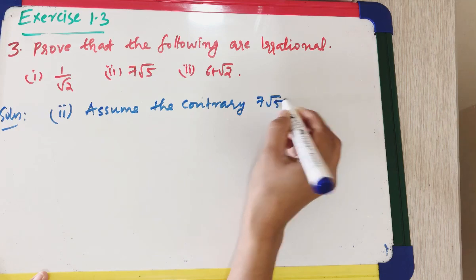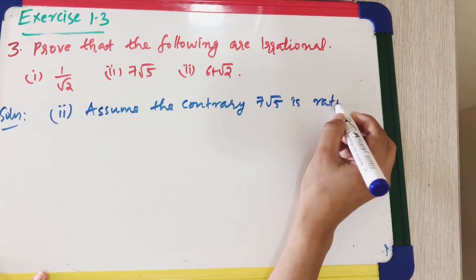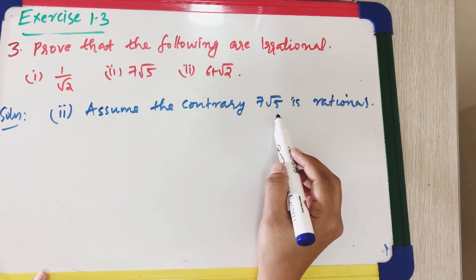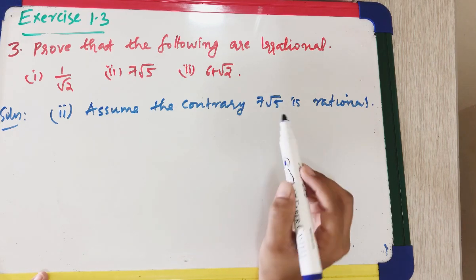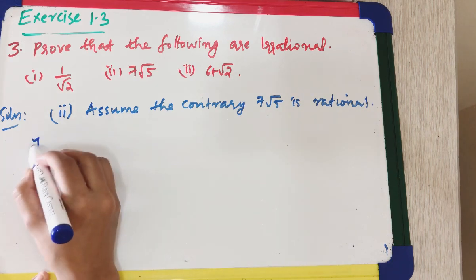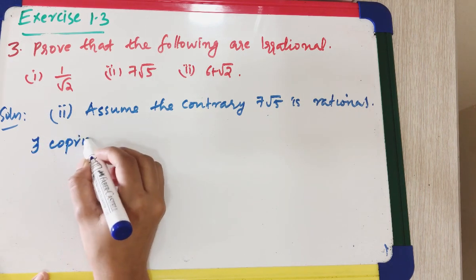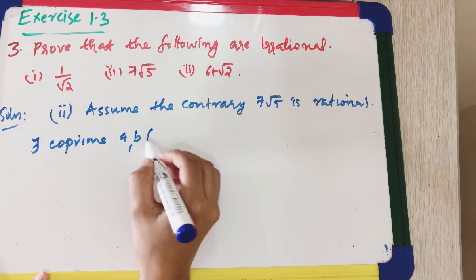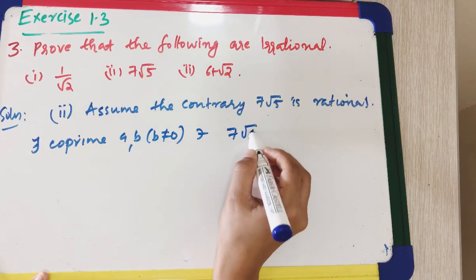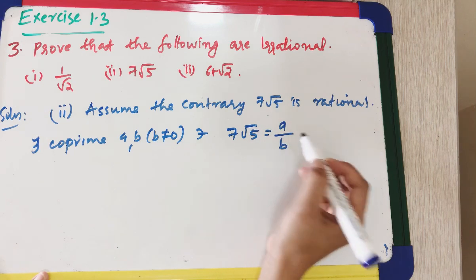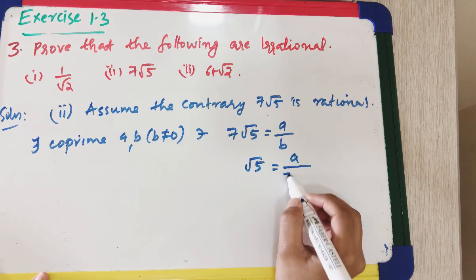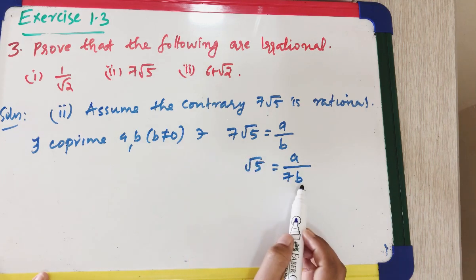Then we can find coprimes A and B with B not equal to 0 such that 7 into root 5 is equal to A by B, which means root 5 is equal to A by 7 into B, taking 7 to the side.